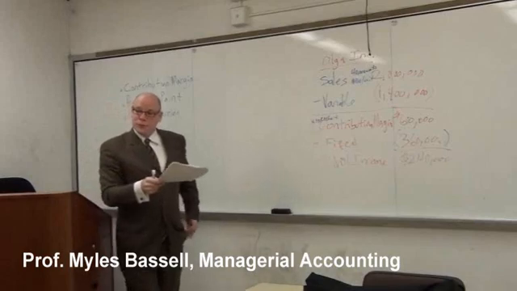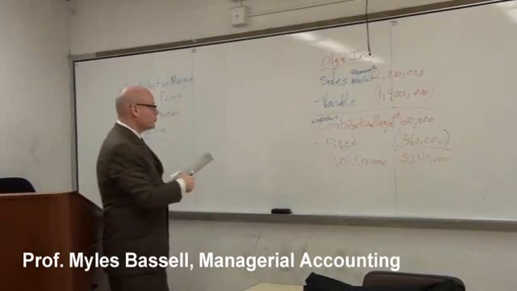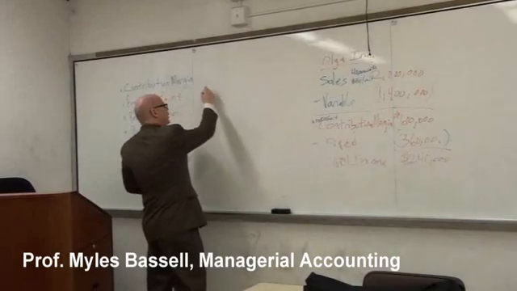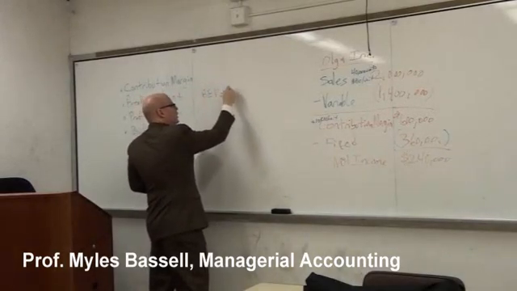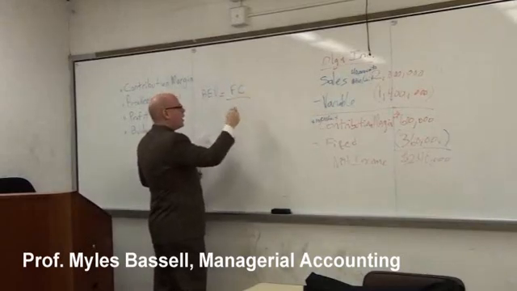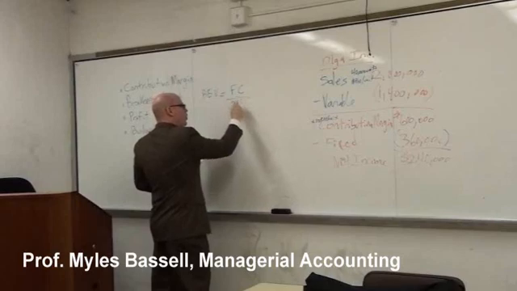Go ahead, Greg. It's fixed expenses over the contribution margin per unit. Right. So in this case, the break-even volume is going to be the fixed cost divided by the contribution margin per unit.